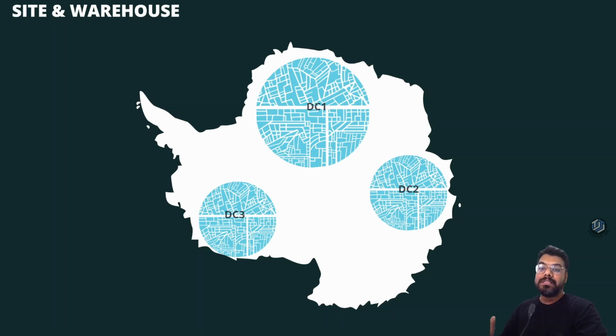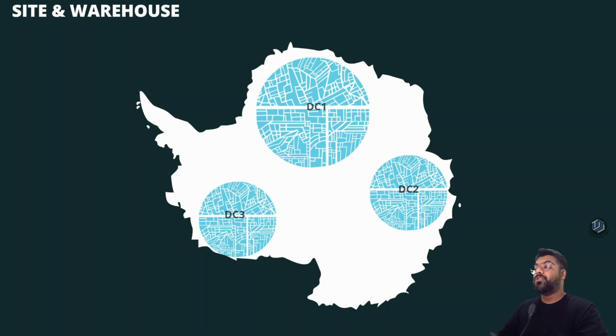Every site that I define in the system could also have its associated warehouses. Every site can have hundreds, 200s, or n number of warehouses. There's no restriction on the number of warehouses each site should have.